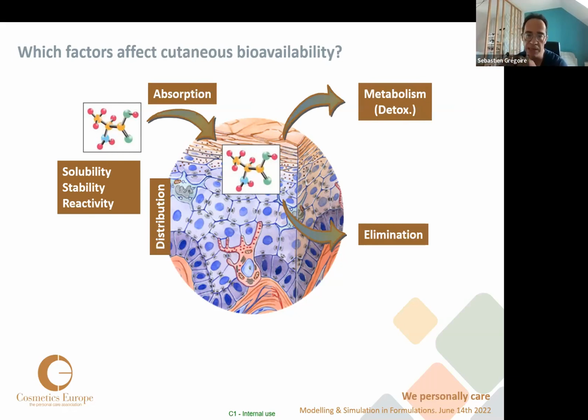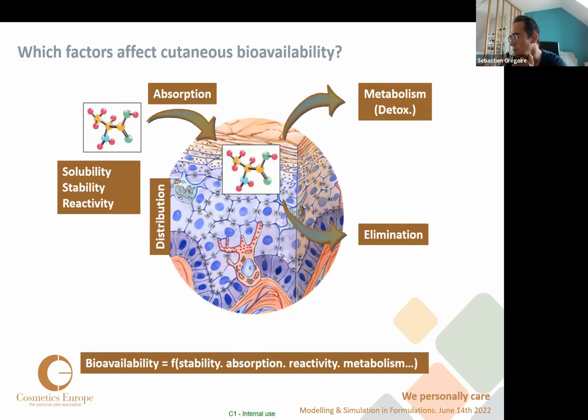Then it's distributed in different skin layers and eliminated from the skin into the blood circulation, where other aspects are effective, meaning metabolism by the liver, distribution in the body, and elimination by the kidney. The sum of these components reflects the bioavailability.